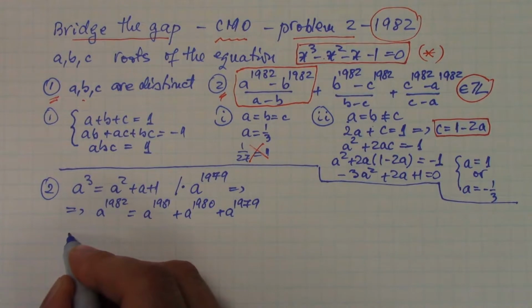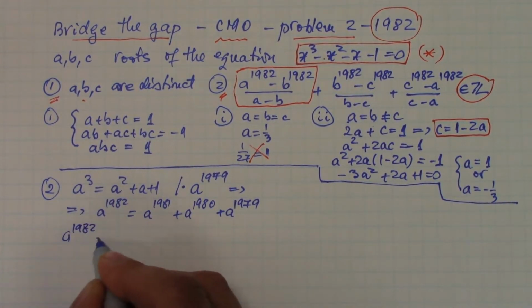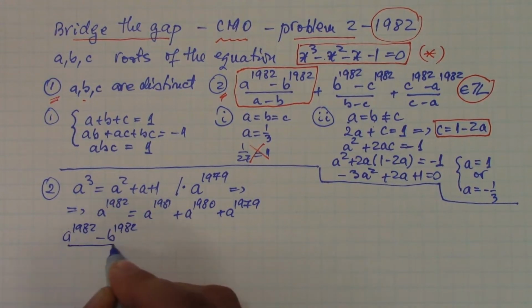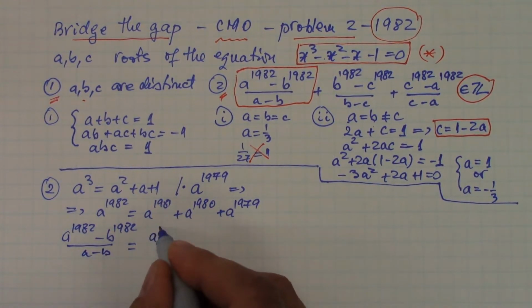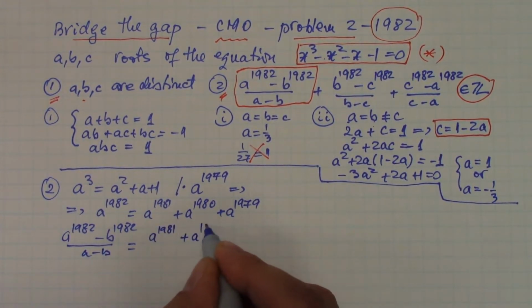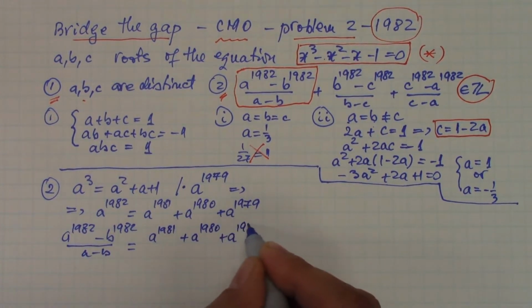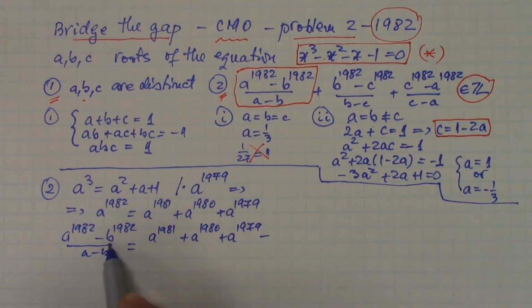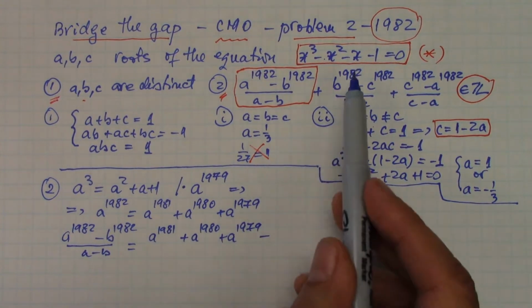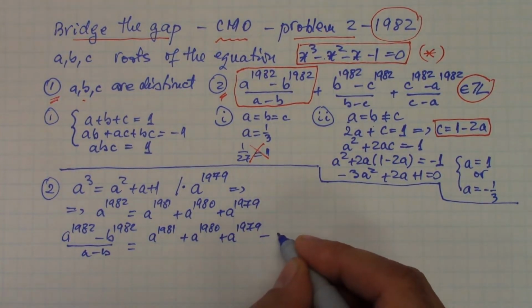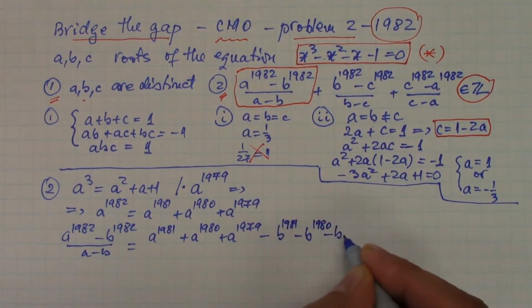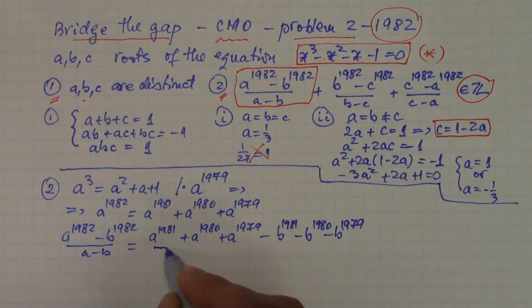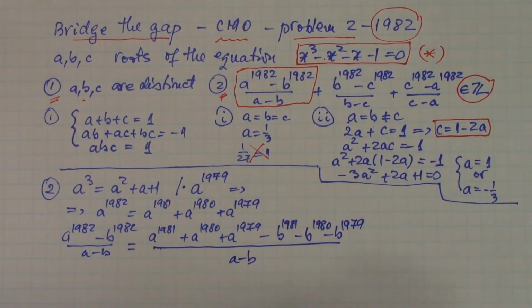So a to the power of 1982 minus b to the power of 1982 over a minus b becomes a to the power of 1981 plus a to the power of 1980 plus a to the power of 1979, minus, and we get the exact same relationship but with b in place of a, because b is just another root of the same equation, right? It's going to be minus b to the power of 1981 minus b to the power of 1980 minus b to the power of 1979, everything over a minus b.